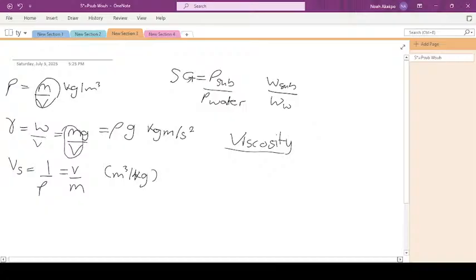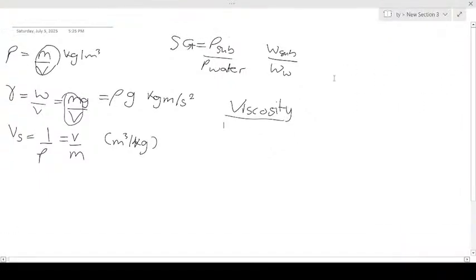Yes, the resistance of a fluid to shear stress. The viscosity of some liquids varies inversely with temperature, whilst others vary directly with temperature.